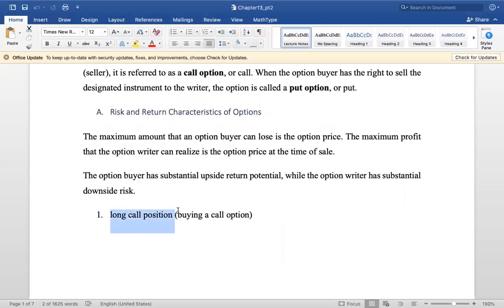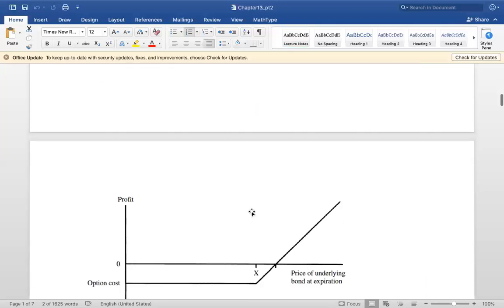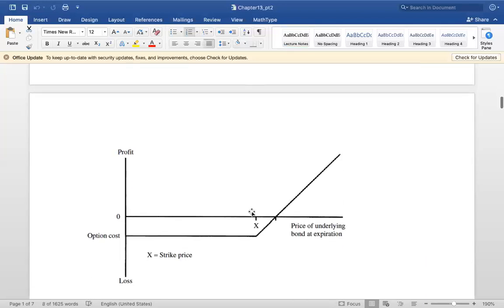Long call option means buying a call option. So if you are buying a call option, your upside potential is unlimited. Until the exercise price or the strike price, your profit is flat, which means you are losing that option cost. But beyond that, you can gain unlimitedly, right?